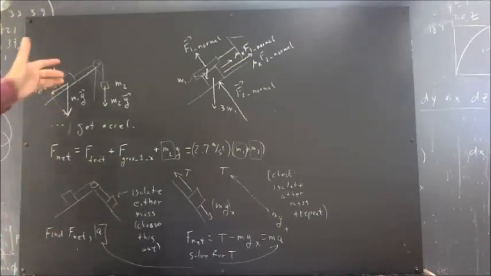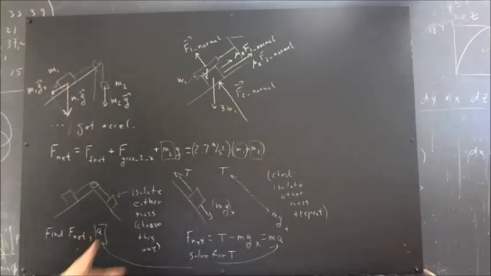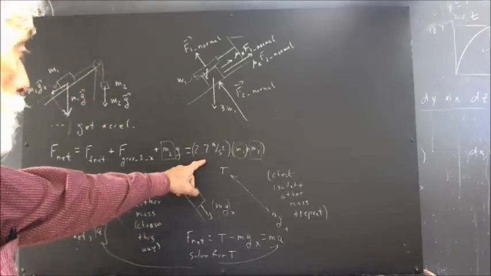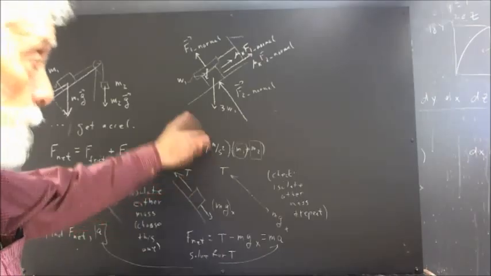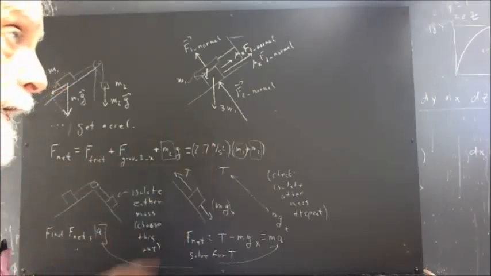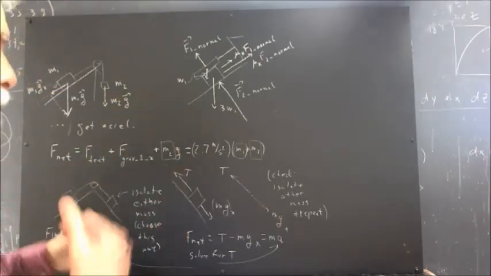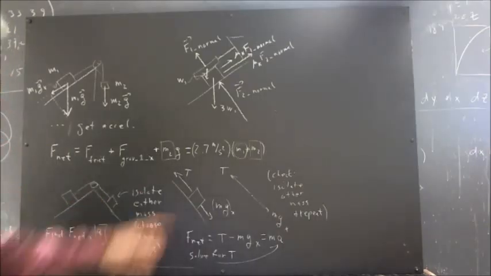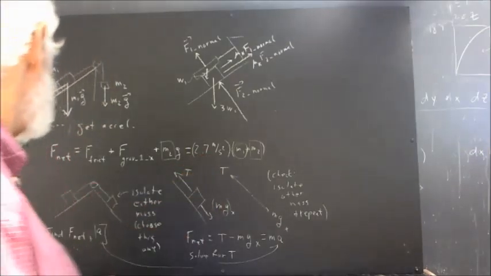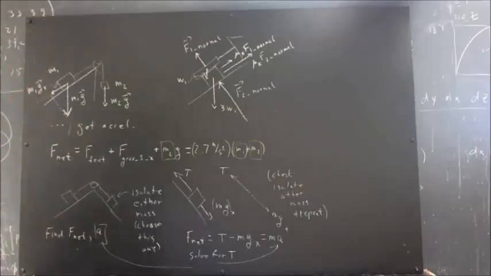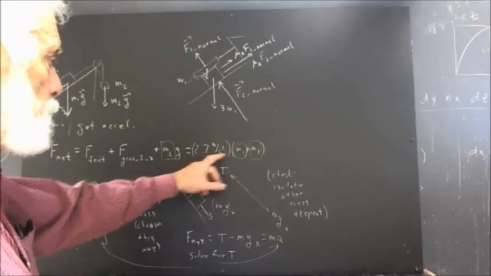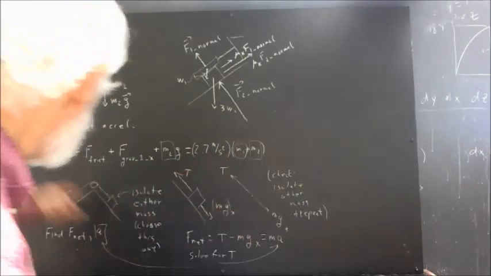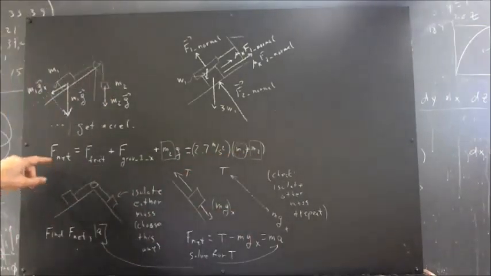Now, we have sufficient information to determine the acceleration of this system. I think it was 2.7 meters per second squared. That wasn't given, but you were given that it goes from rest to a certain distance in a certain time, and then you easily enough find the acceleration. And if you multiply the acceleration by the mass of the system, you get another expression for the net force.